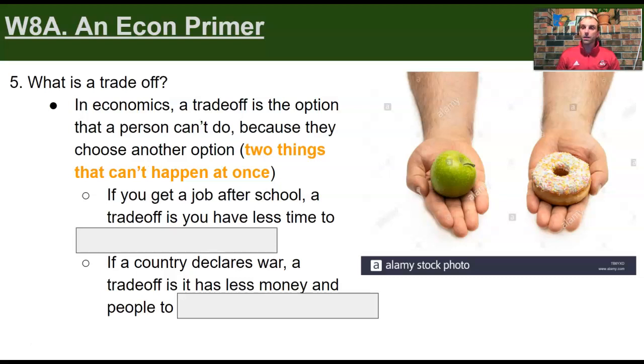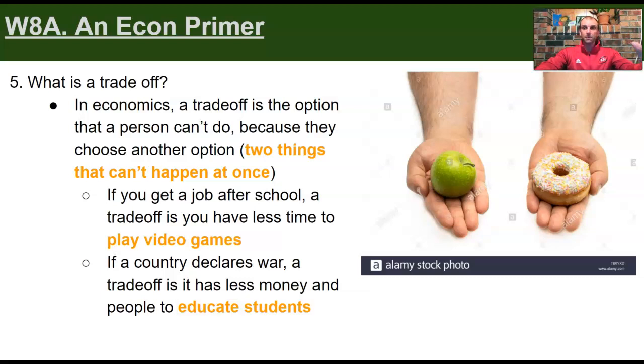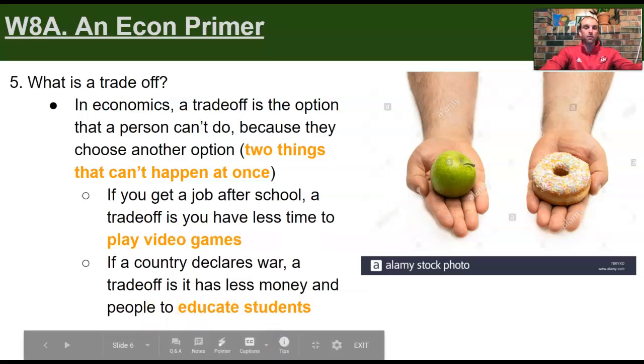And if a country declares war, a trade-off is that it has less money and less people to do something else. What is something else a government or a country could do with the money and the people that it's spending on the war? So what you have now is this basic big picture of economics.